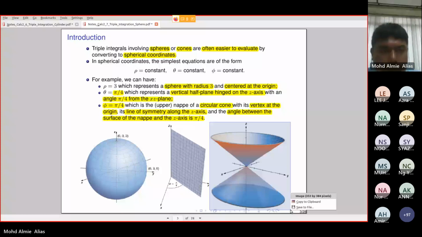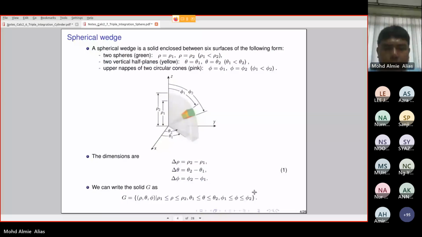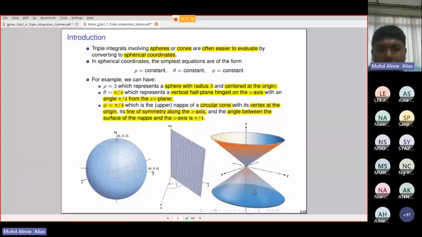So the angle from here to here is phi, which is pi over 4. Not only here, but in any direction, because this is a 3-dimensional thing. Yeah, so we will discuss this more.